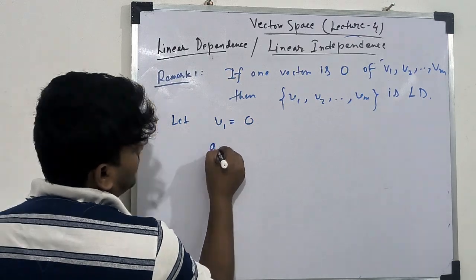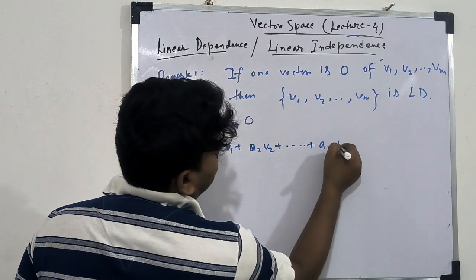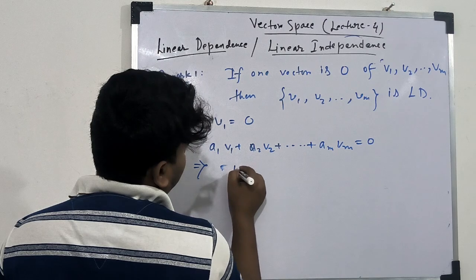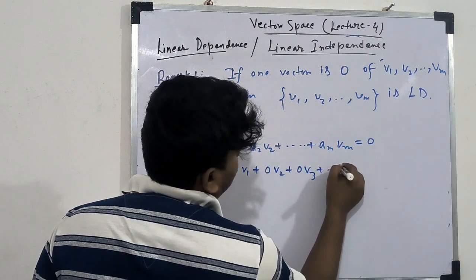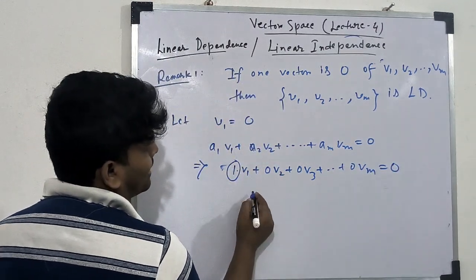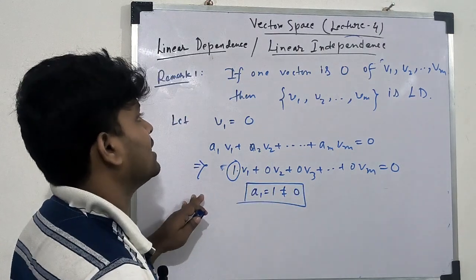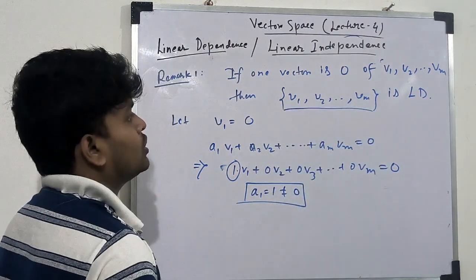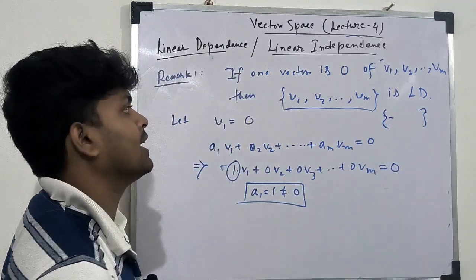Therefore a1 v1 plus a2 v2 plus dot dot plus am vm equal to 0 can be represented with a non-zero scalar, that is 1 into v1 plus 0 into v2 plus 0 into v3 plus dot dot plus 0 into vm equal to 0. So there exists one scalar a1 which is not equal to 0. So by the definition of linear dependence we say this will be linearly dependent. So whenever a set of vectors contains the 0 vector, then the set will be linearly dependent.